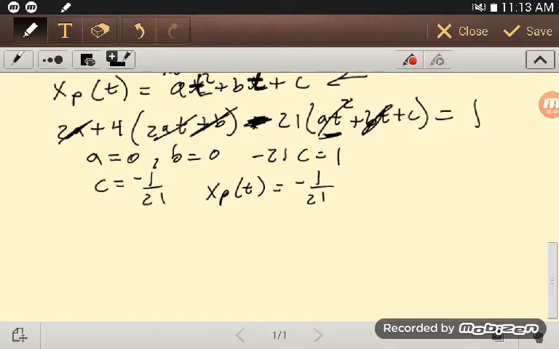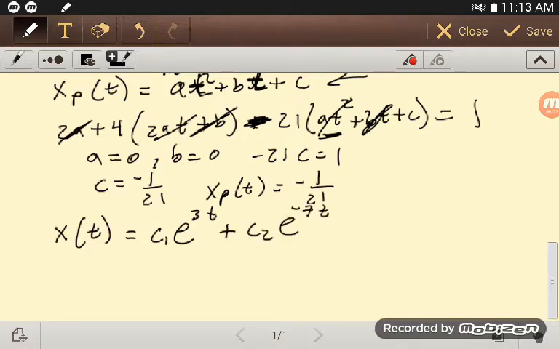And so our general solution then, x of t, is equal to c1 e to the 3t plus c2 e to the minus 7t minus 1 over 21. And this is for when t is greater than or equal to 3.